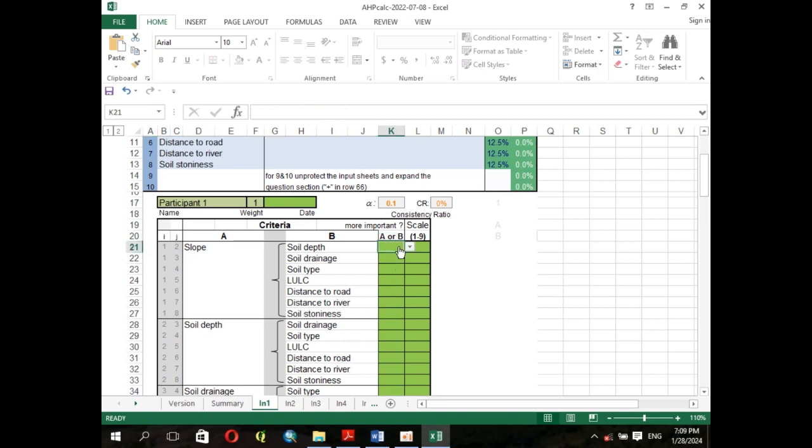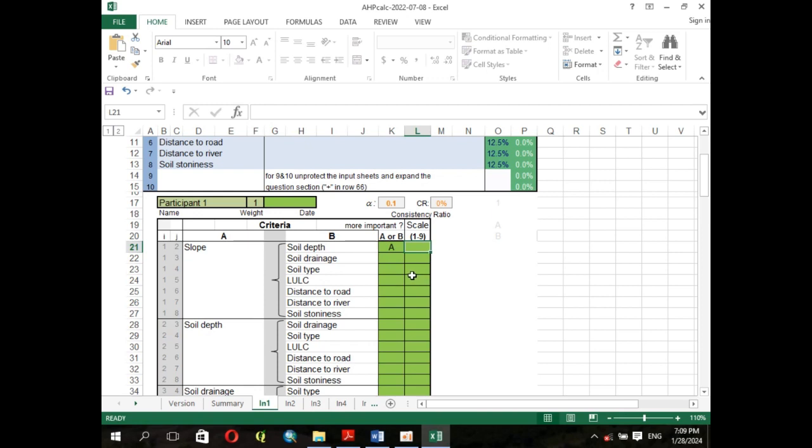So for instance, if we compare this slope with soil depth for irrigation suitability, which parameter is greater? For instance, let me compare the slope or soil depth for surface irrigation. What is the best thing expected? Let me say the slope has greater influence than the soil depth.